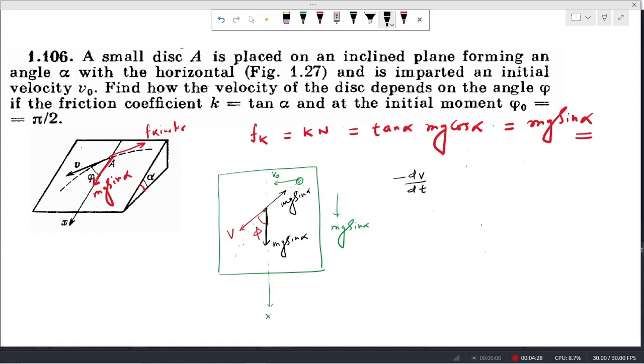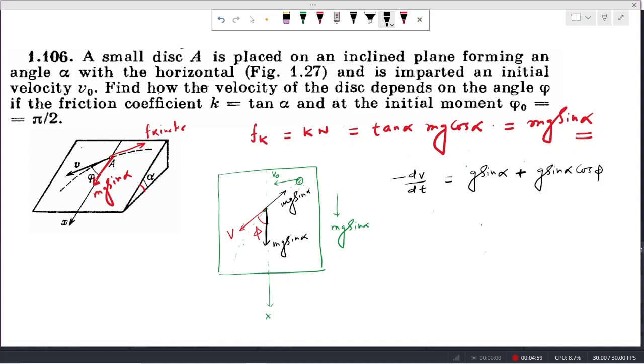Minus sign tells us that the speed is going to decrease, so minus dv dt will be equal to mg sin alpha upon mass, which is g sin alpha, and there is a component of this mg sin alpha along the speed which will try to increase the speed, so we write g sin alpha plus g sin alpha cos phi. This is very much evident here.